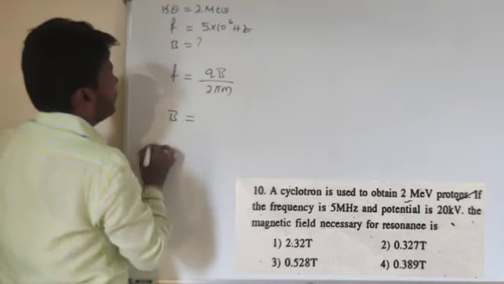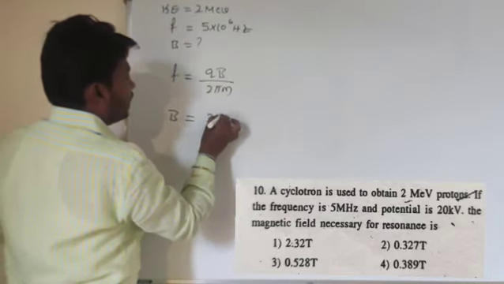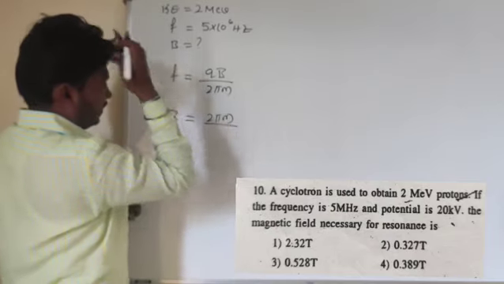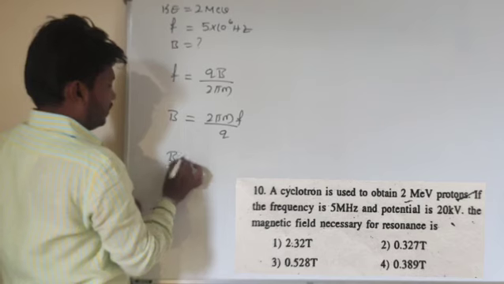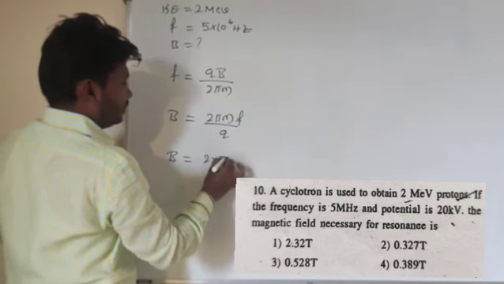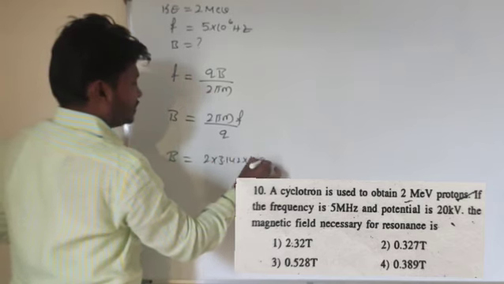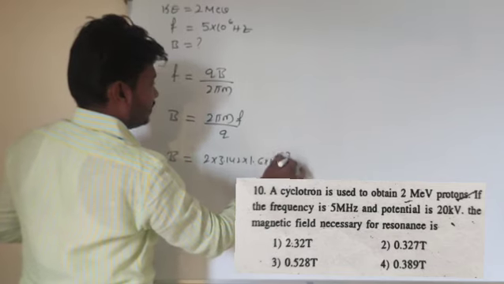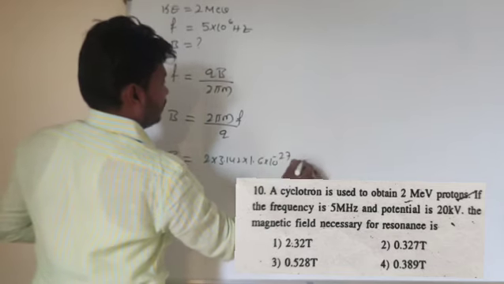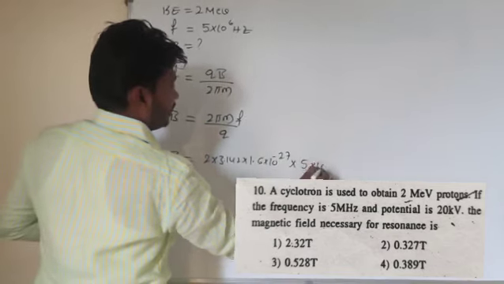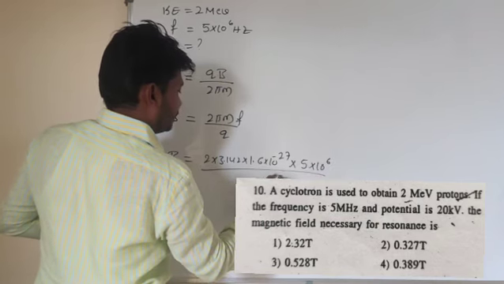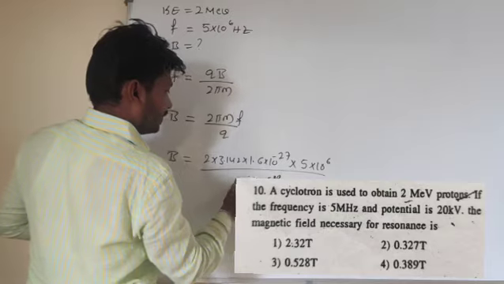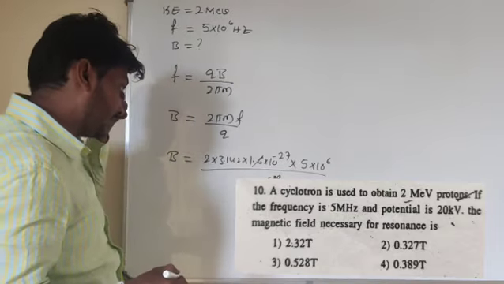So here the B value is 2 pi m into F divided by Q. 2 into 3.142 into mass, that is 1.6 into 10 to the power of minus 27. Frequency is 5 into 10 to the power of 6. This is 1.6 into 10 to the power of minus 19 here. This term will get canceled out here.